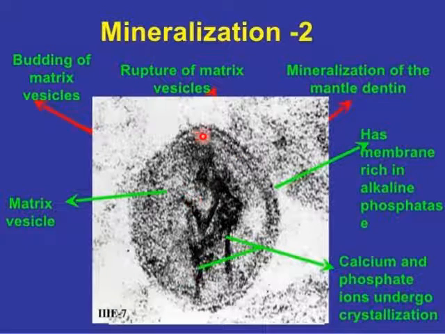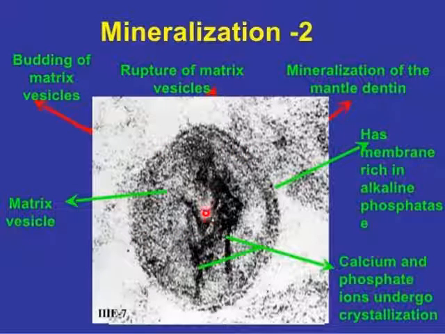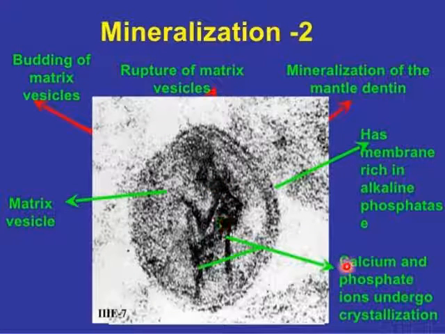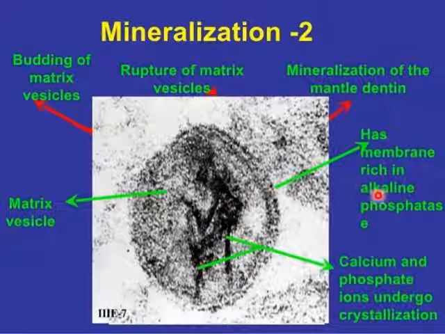This is the matrix vesicle, which contains the center of calcification, where calcium and phosphate ions undergo crystallization and form hydroxyapatite crystals, and it is also rich in alkaline phosphatase enzyme.